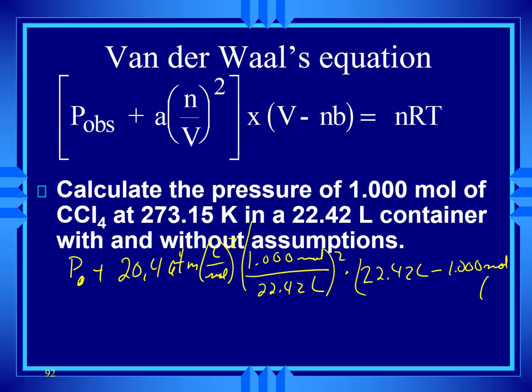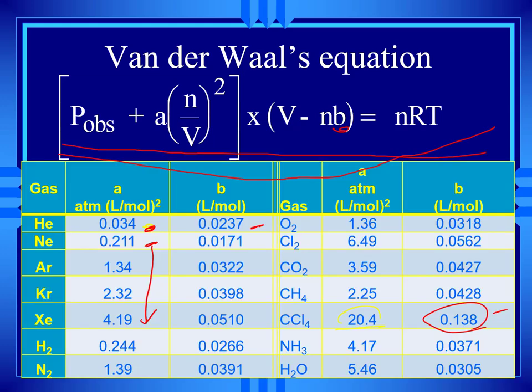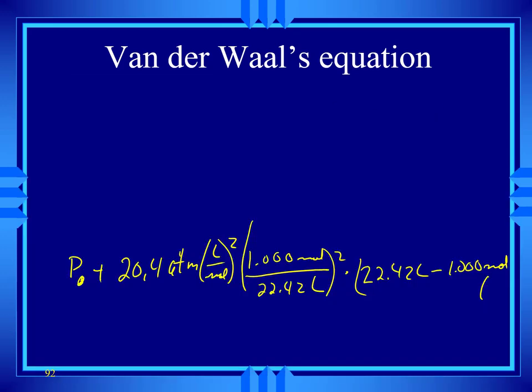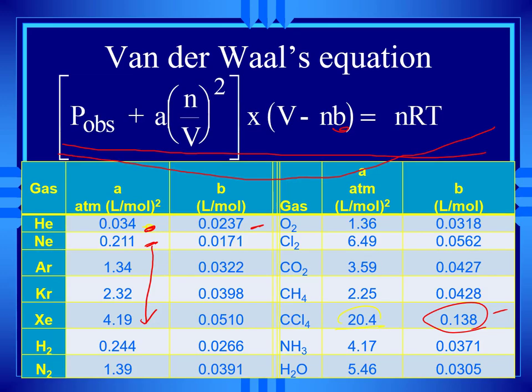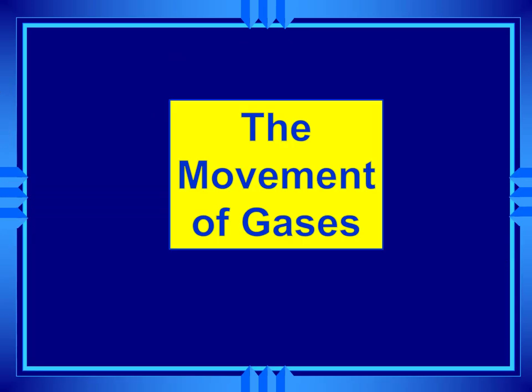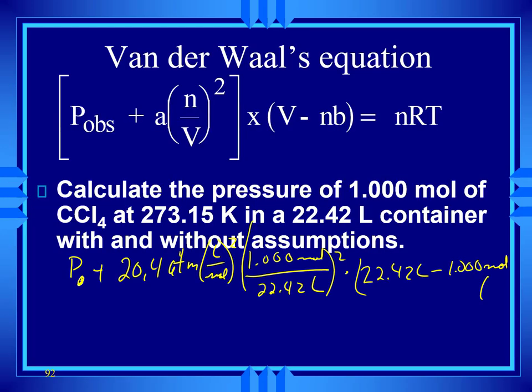I'm going to find b for CCl4. And the b for CCl4 was 0.138, and the units are liters per mole. 0.138 liters per mole.